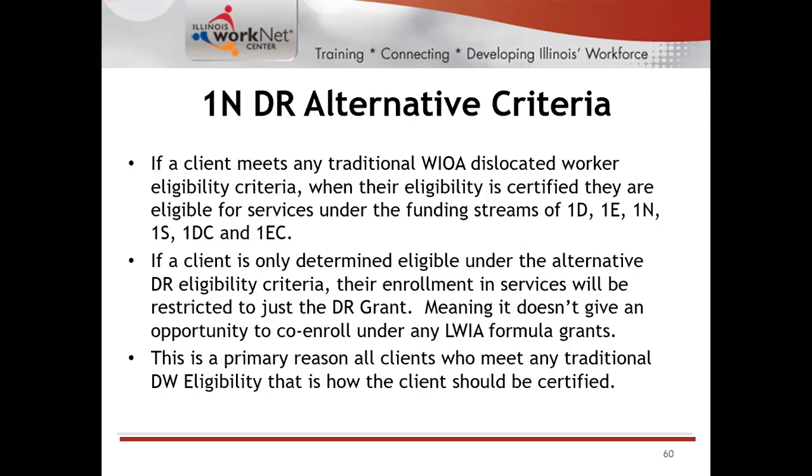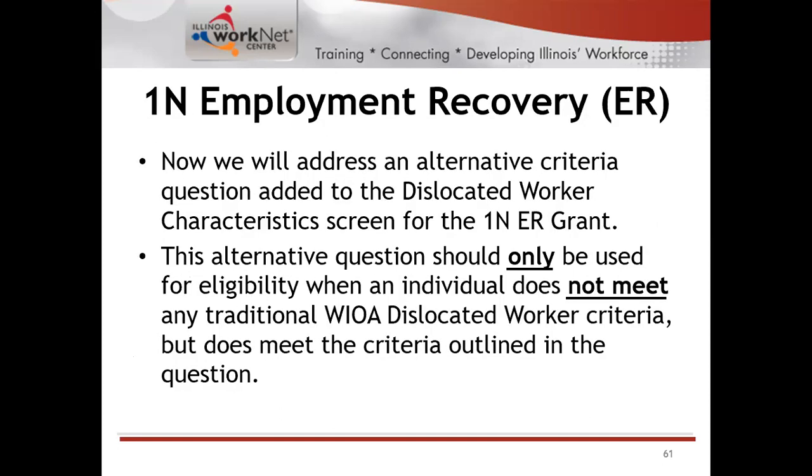So it's a primary reason that we want to make sure you're certifying folks under the traditional DW, but also for tracking, you want to get a valid snapshot of your client base. If you make all your clients eligible under alternative criteria, it would appear that you didn't have any traditional dislocated workers needing services. So for data integrity, as well as doing what's right by your customer, you want to use traditional eligibility where it's appropriate and only use the alternative criteria when the client would not be a traditional dislocated worker.